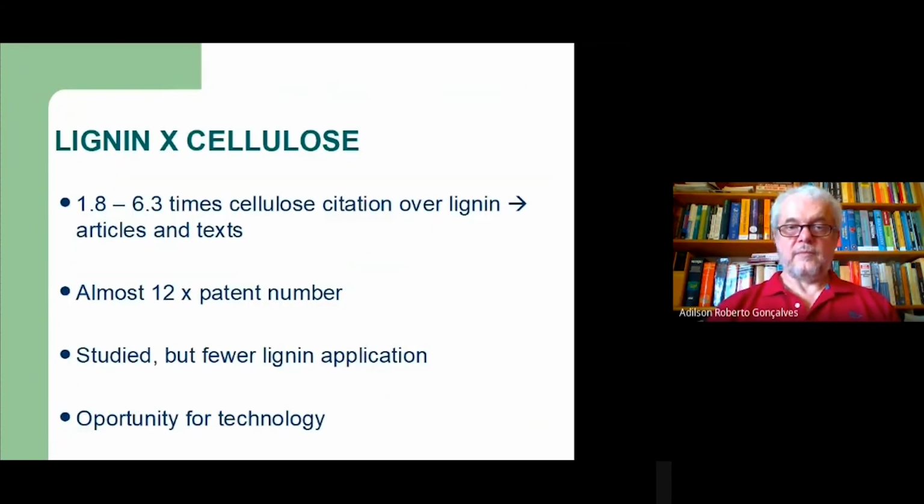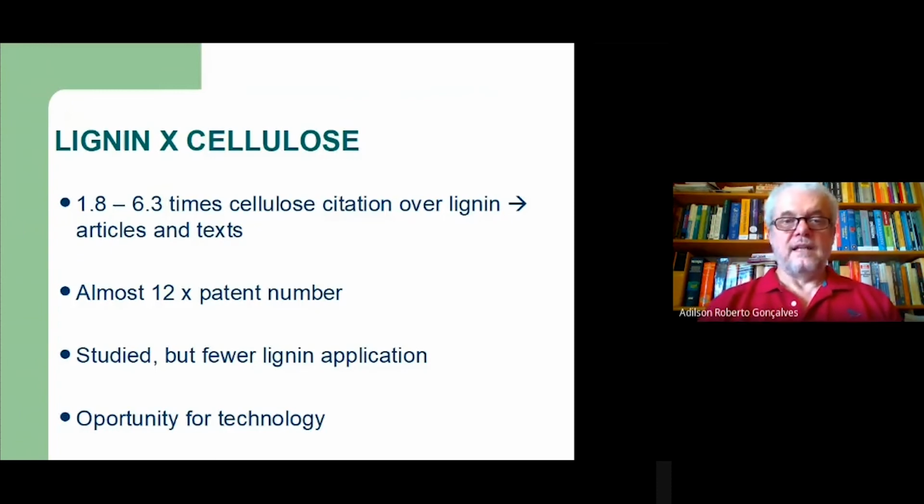When we make this division comparing lignin to cellulose, of course we have 2 to 6 times more cellulose citations in comparison with lignin. Seeing that, cellulose is more interesting to be studied.